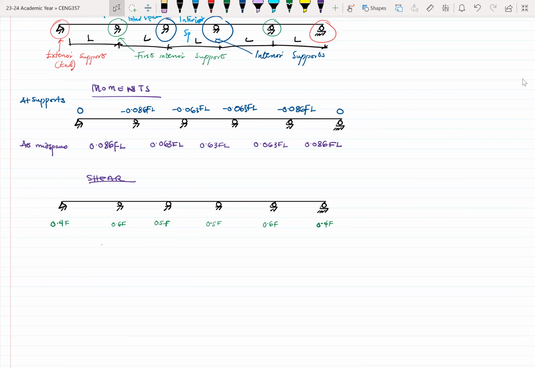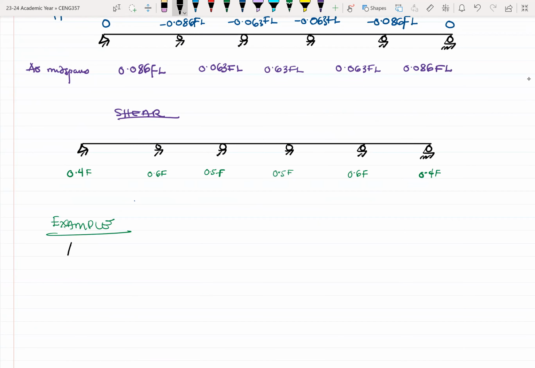So let's say the example says design the four span slab shown below. I'll try and put that into a drawing.